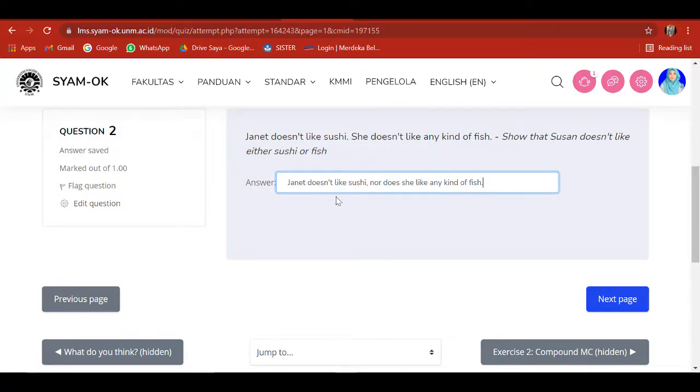How to answer this? Okay, so we use nor, of course, we change this to a comma like this, and then we add nor. And then, because nor is already negative, we make this positive because the not in here has already moved to the no in nor.